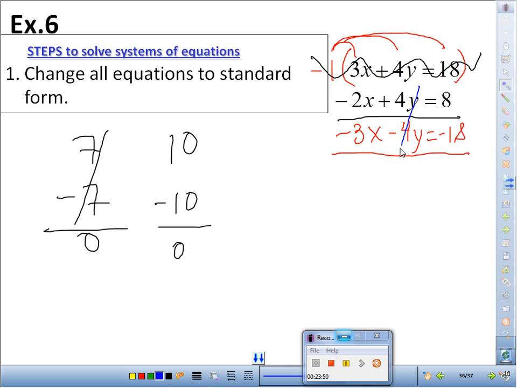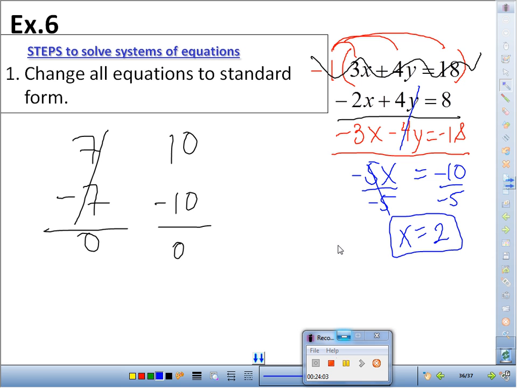So what eliminates? The y's, and we end up with negative 5x equals negative 10. Divide by negative 5, divide by negative 5. X equals 2. And how do I solve for y? You need to use one of the two equations. I'll use the first one. This is negative 2x plus 4y equals 8. But instead of x, what goes here? 2.